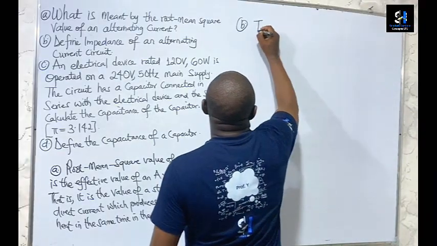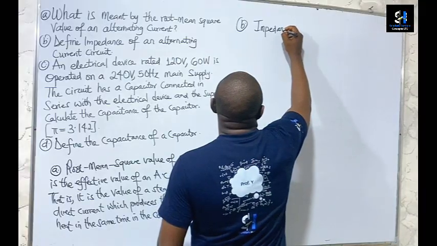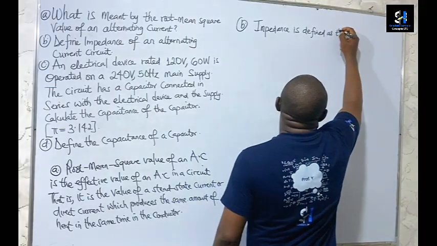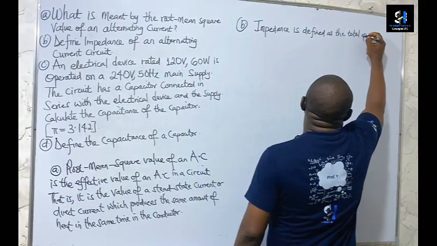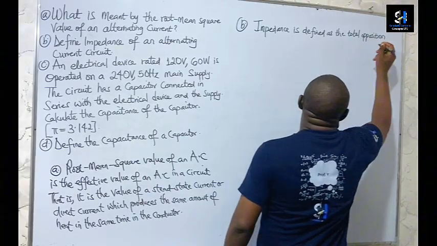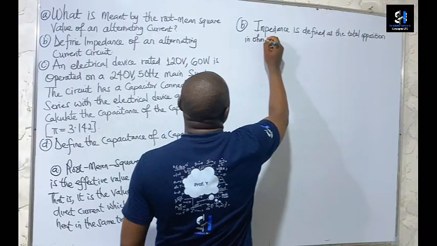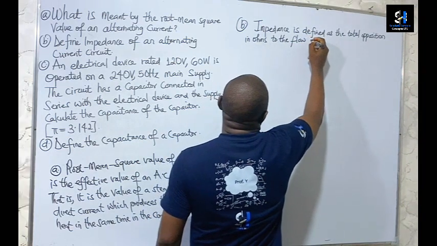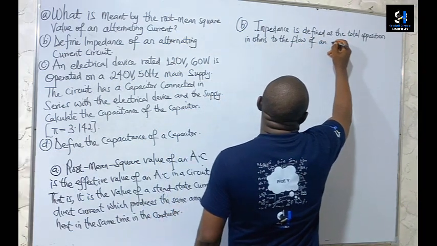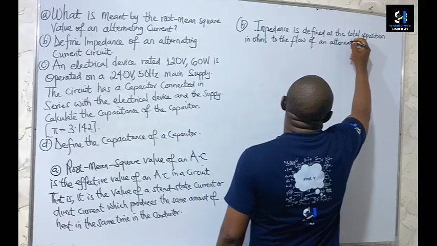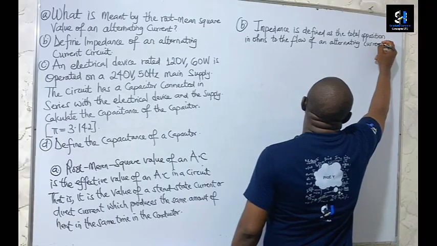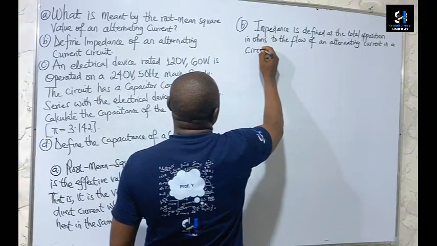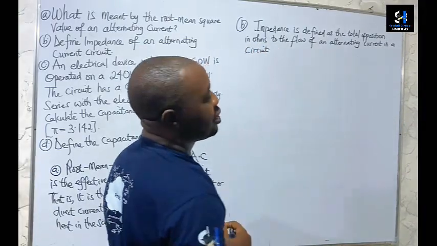So like I said, impedance is defined as the total opposition, in ohms, to the flow of an alternating current in a circuit.